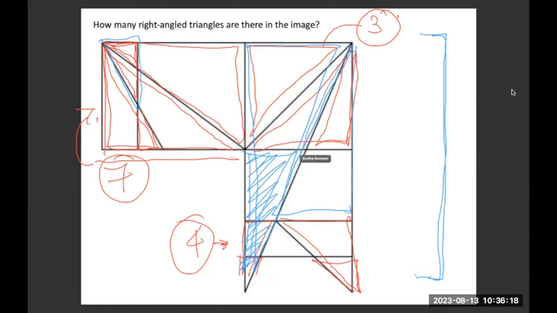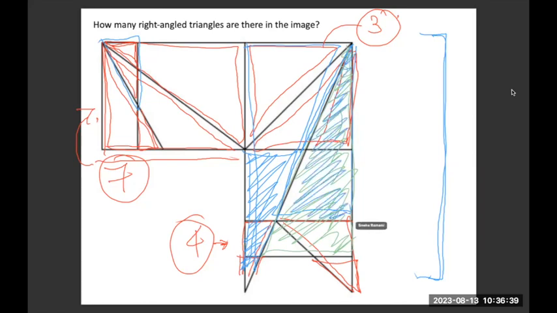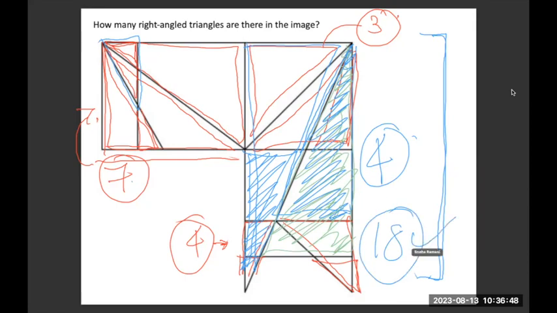It's a different color here. And then 4. This whole thing is 4. And this whole thing is 3. Okay. 4 here. 7 plus 3 plus 4 plus 4, 18 is the correct answer.